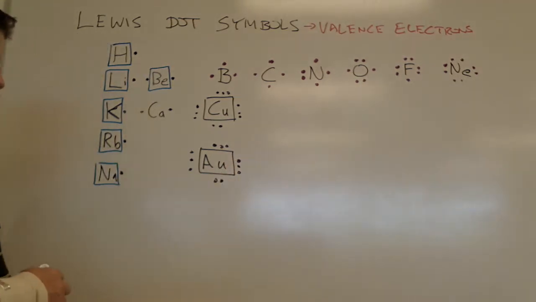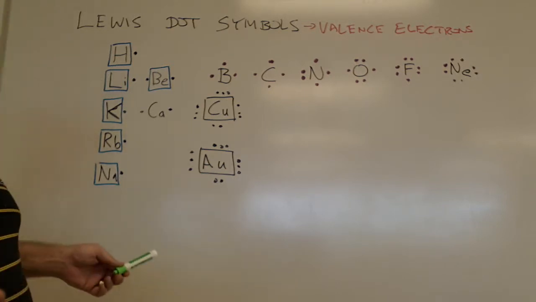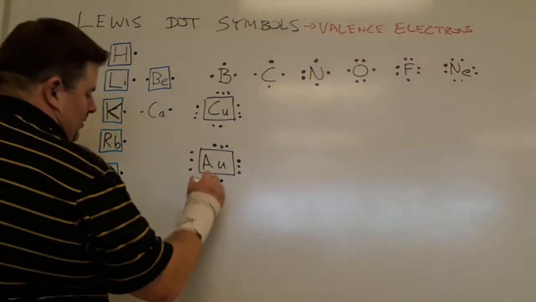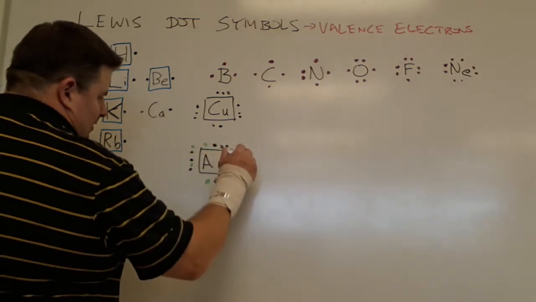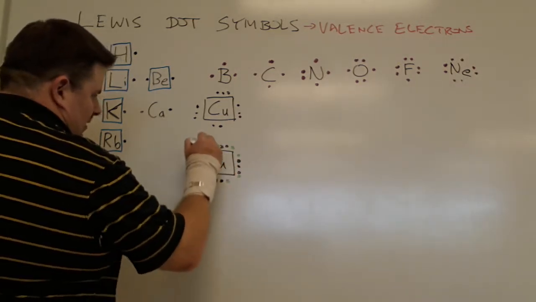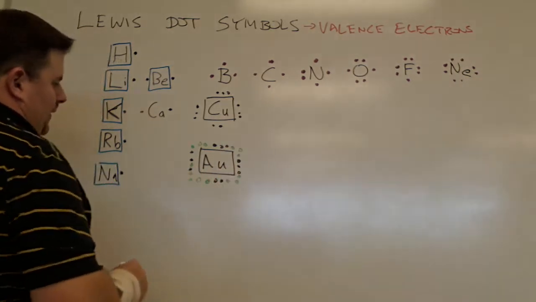So there's gold, but I've got the f electrons too that I have to account for. That's 14 electrons. So let's do 1, 2, 3, 4, 5, 6, 7, 8, 9, 10, 11, 12, 13, 14.